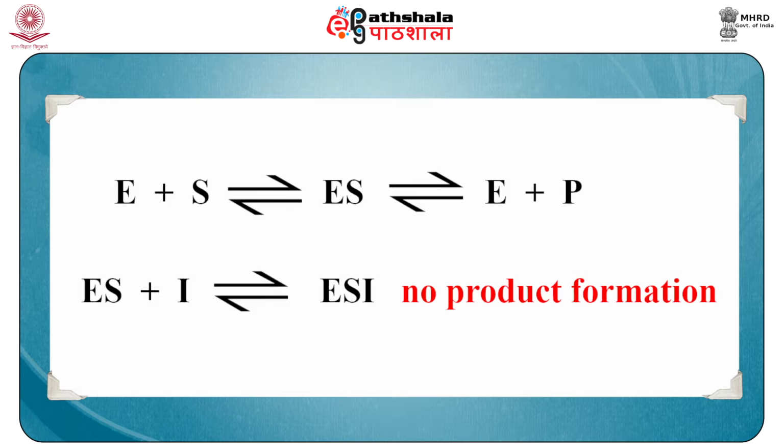In this type of inhibition, the inhibitor I binds directly to the enzyme-substrate or ES complex, as indicated. E plus S gives rise to ES, which then gives rise to enzyme and product.